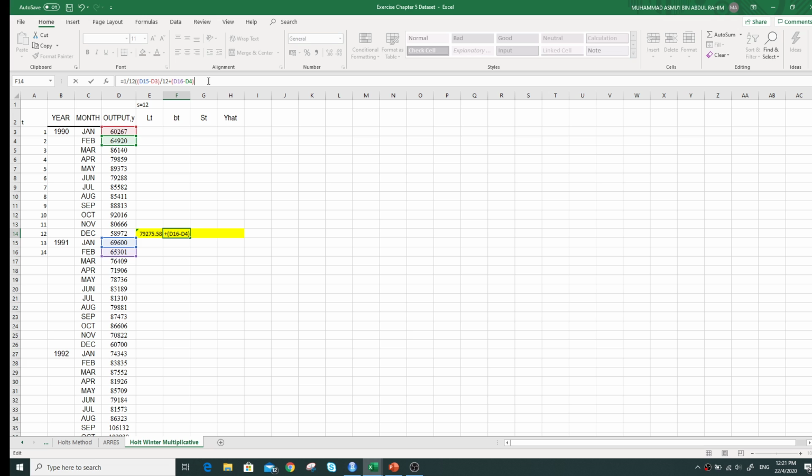I put the parentheses here to make sure that we calculate correctly. This is the initial value for beta, for B0.